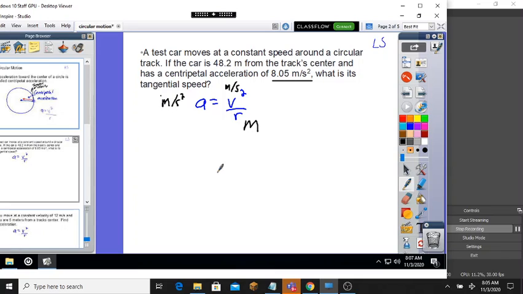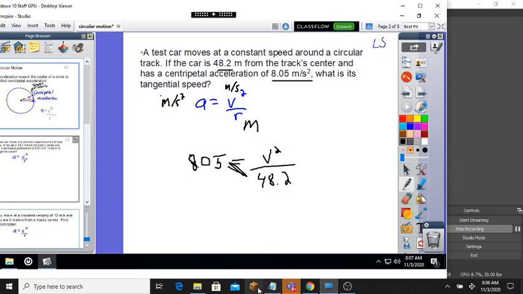So we know 8.05 is right here. 8.05 equals, this is my radius, because it's meters. Meters is on the bottom. V squared. So what do we do here?